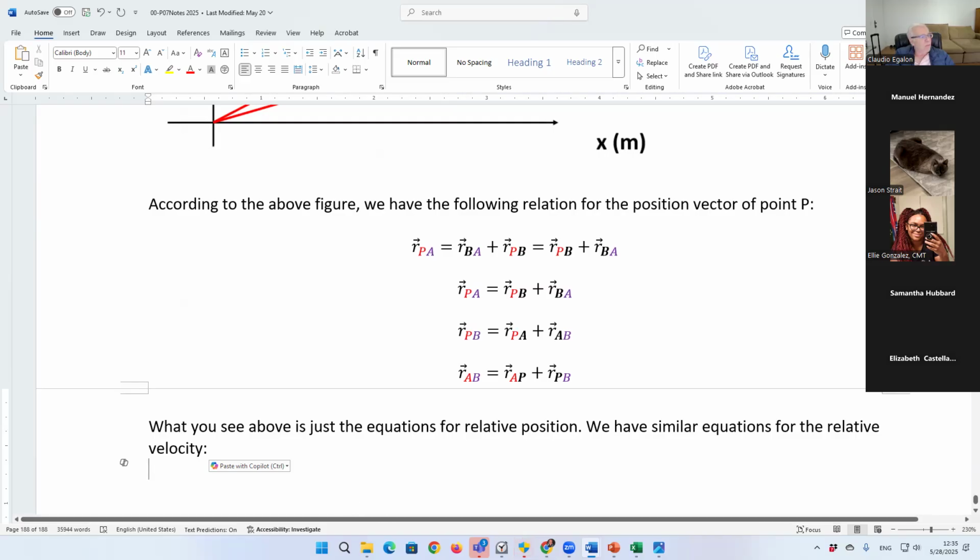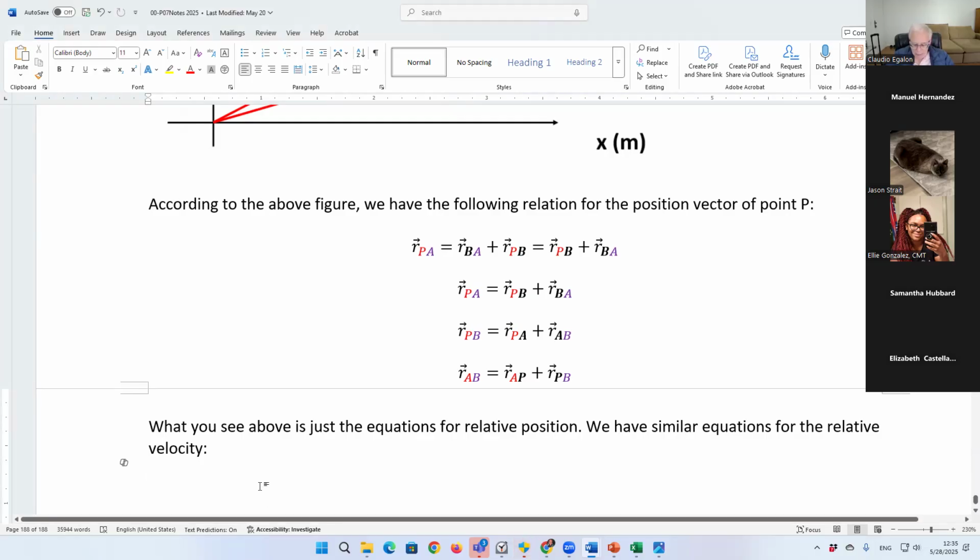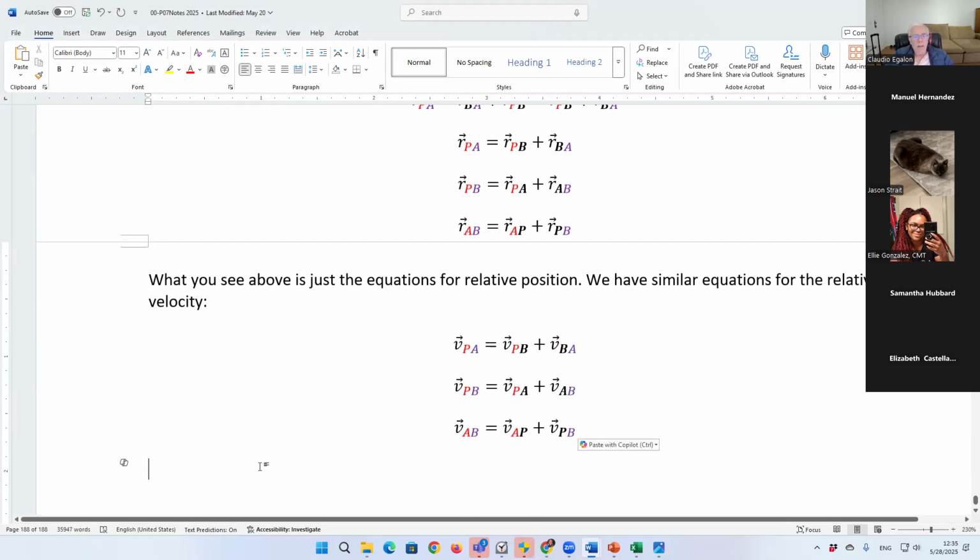We have similar equations for the relative position. So here we go. For the first equation, it works exactly in the same way. Look at the intuitive way in which this notation is written down, right? PA, PA, PB, PB, BA, BA, and the same thing for the other ones.